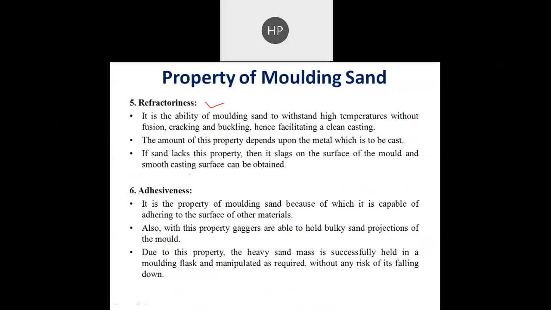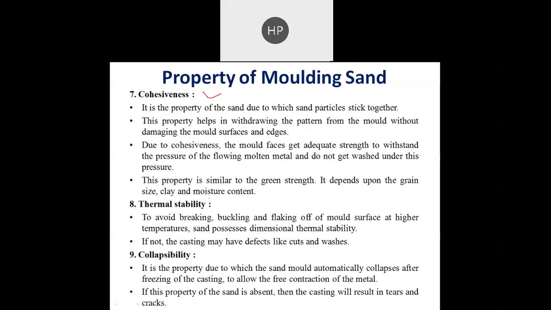Fifth is refractoriness, adhesiveness, cohesiveness, thermal stability, and collapsibility. These are some of the important properties which the sand should have, depending upon the requirement, so that all the processes of casting can be performed smoothly to carry out a mold.